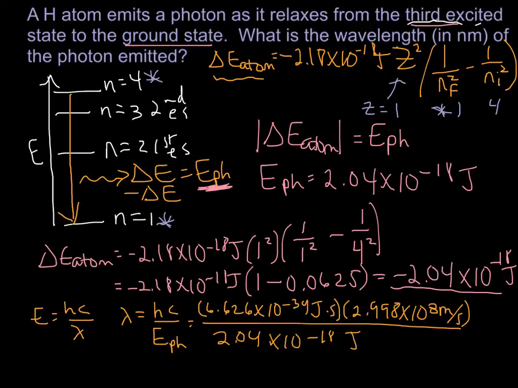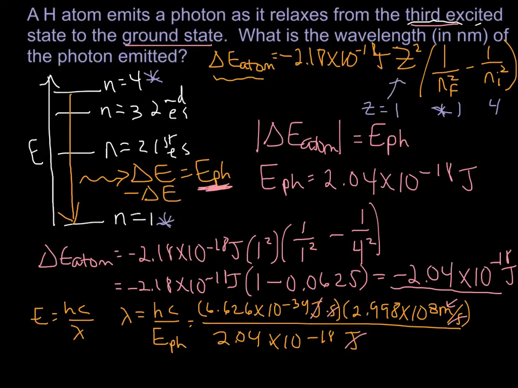We cancel out units and end up in meters, which is good because we are looking for a length. When we run those numbers, we end up with 9.74 times 10 to the negative 8 meters.